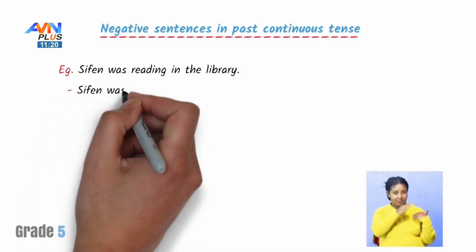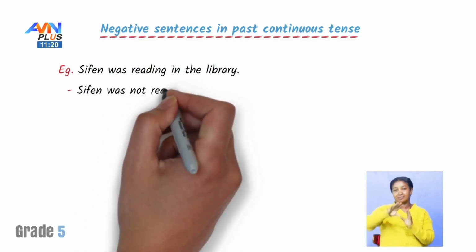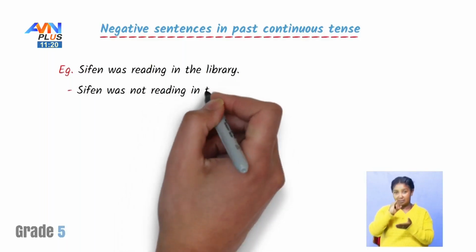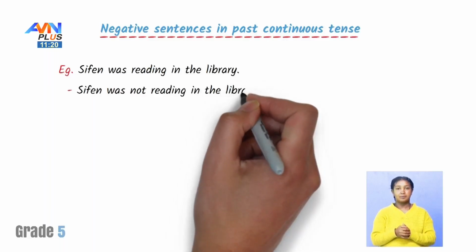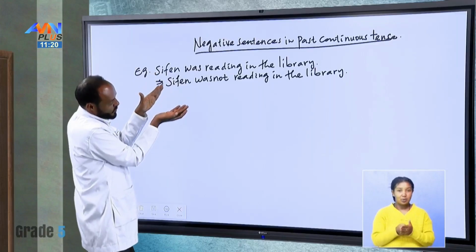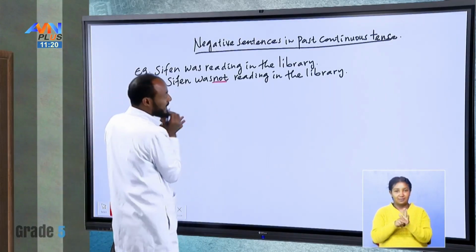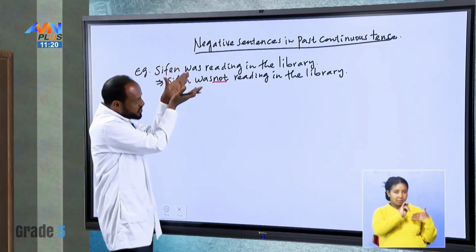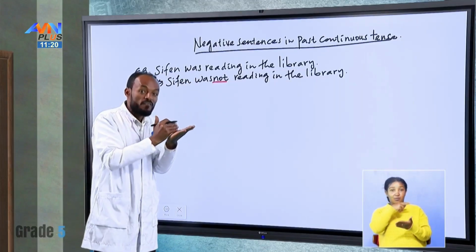Then was, yes, the next one should be not. Was not reading in the library. So, we change this one into negative form. Which shows negative? Not. We simply add not. Here the subject is the same, the position is the same, but we add not between the verb to be and verb-ing.